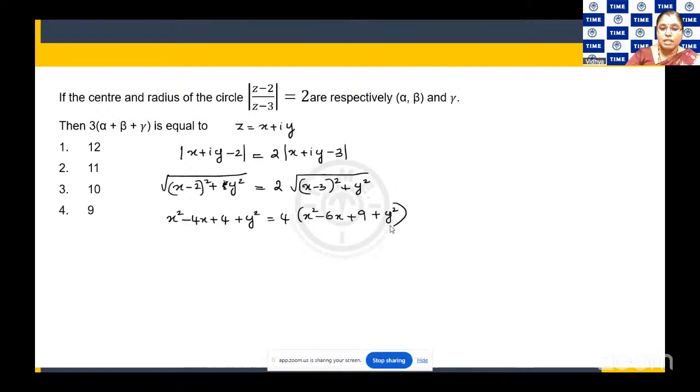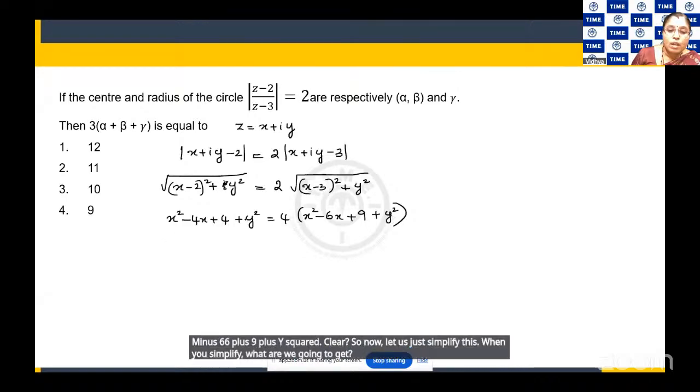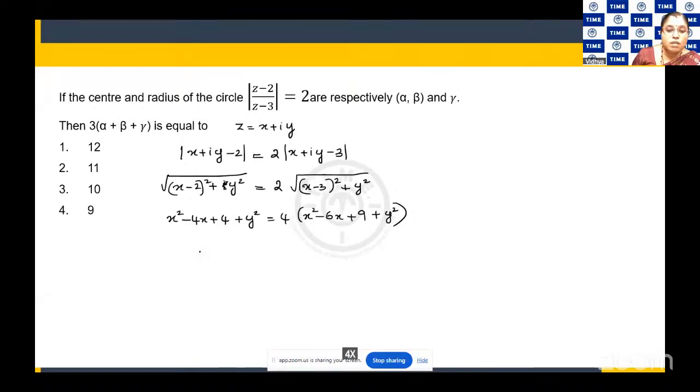Clear? So now let us just simplify this. When you simplify, what are we going to get? 4x square minus x square will give you 3x square. Then 4y square minus y square will give you 3y square.